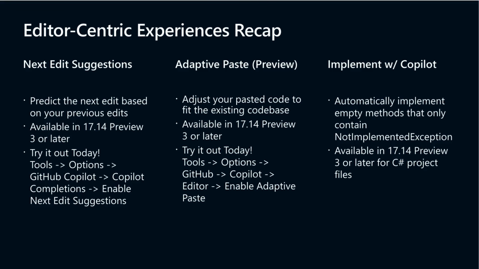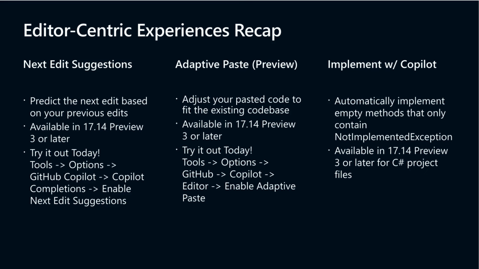Now focusing again on editor-centric tools. Next Edit Suggestions predicts your upcoming changes by analyzing your edit history, appearing where you need it. Available now in Visual Studio 17.14 Preview 3 or later, this feature is easily enabled in the GitHub Copilot options.